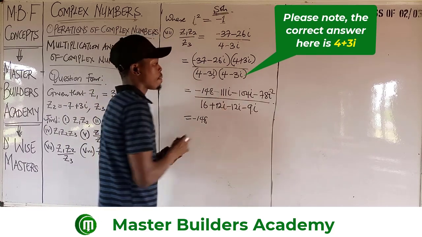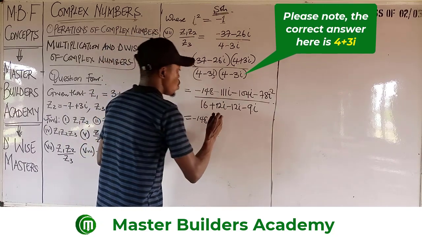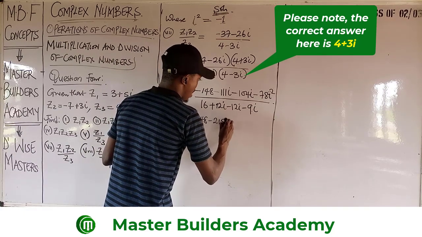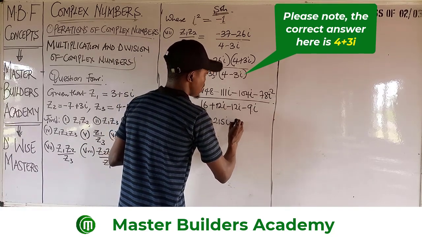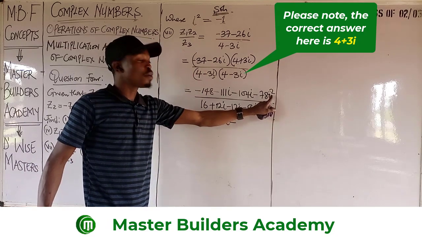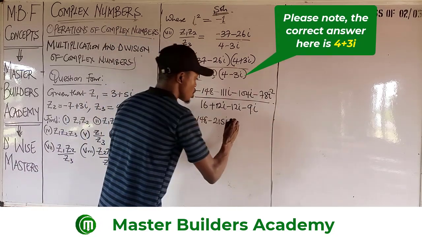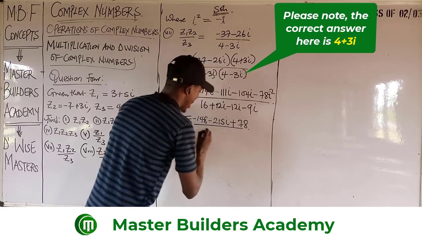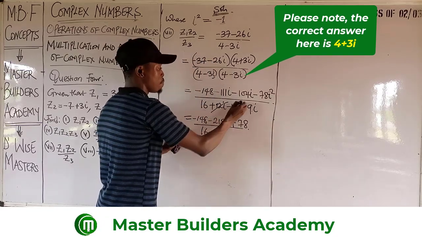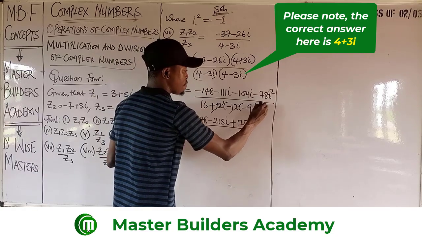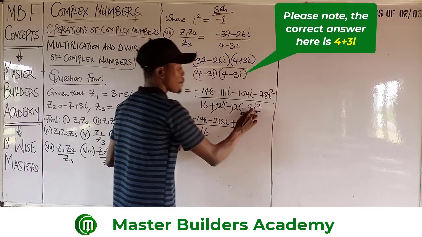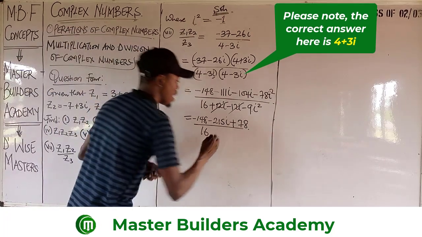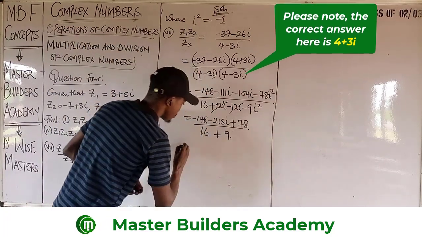So 111 minus 104 would have given us minus 215i minus. Now remember, if you want to remove i squared, you introduce plus 78 all over 16. Remember that the 2 middle terms must cancel out. And then if I remove i squared from minus 9, it becomes plus 9. Then I have plus 9.